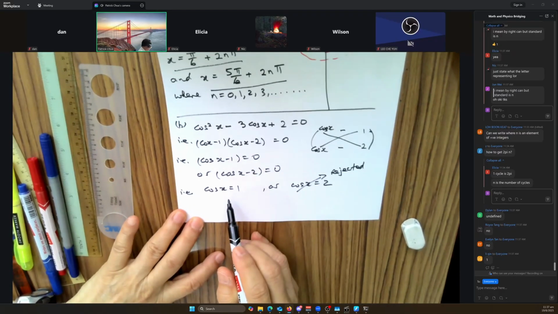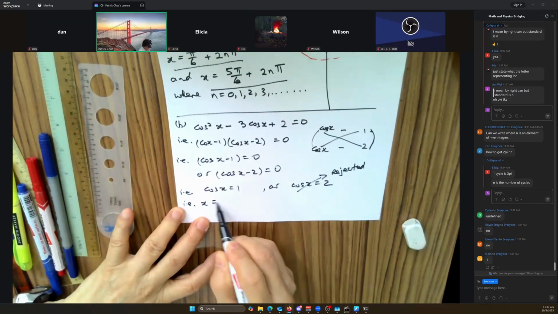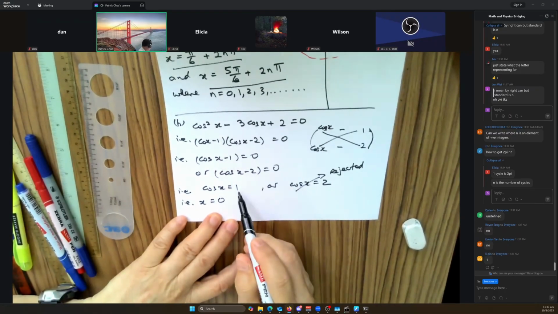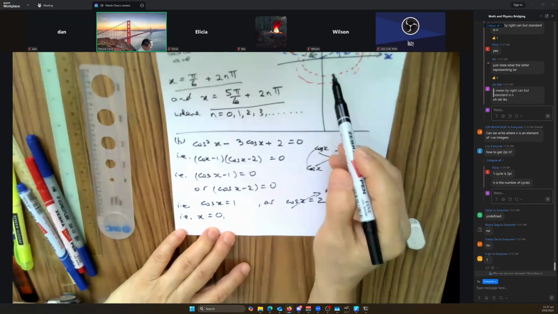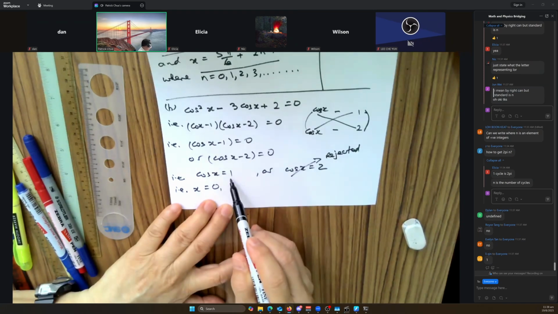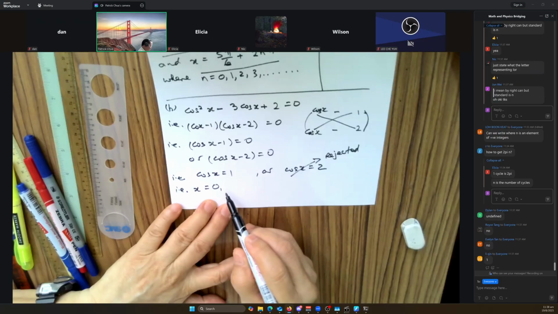When cosine x equals 1, x will be equal to 0. Cos of 0 equals 1. Okay? And as before, cos of 360 degrees also equals 1. Use your calculator, you can see. So 360 degrees in terms of radians is 2 pi.